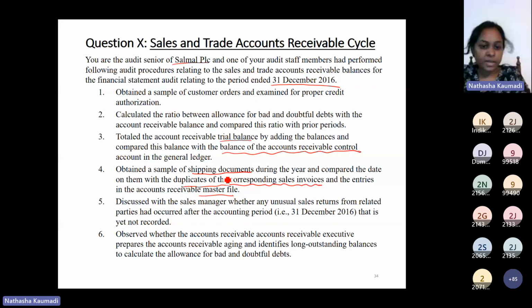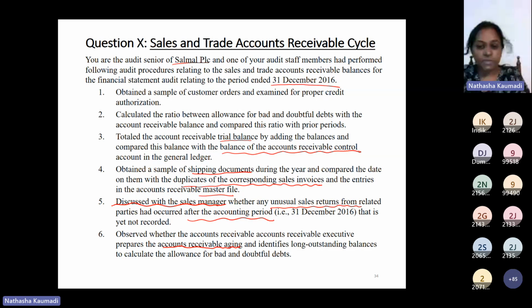Fifth one, discussed with the sales manager whether any unusual sales returns from related parties had occurred after the accounting period. So this is basically discussed with the sales manager inquiry, right? And then observed whether the accounts receivables executive prepares the accounts receivable aging, the aging statement we saw previously.